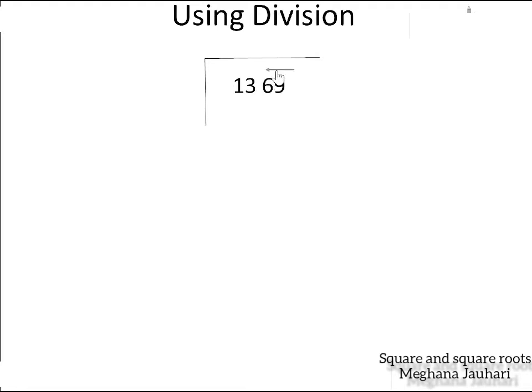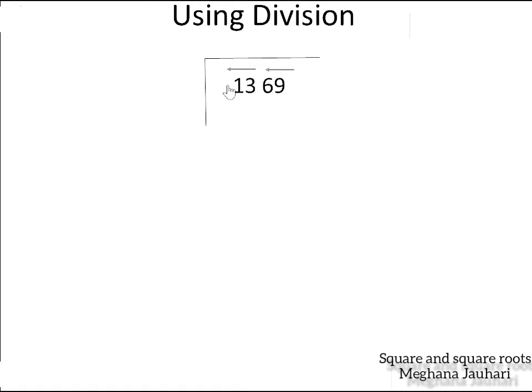Starting from the unit place, the first pair will be 69 and moving from right to left, the second pair will be 13. In case you have 3 digits, we will do the same steps. For example, if you have the number 123, then 23 will be one pair and 1 will also have a bar.